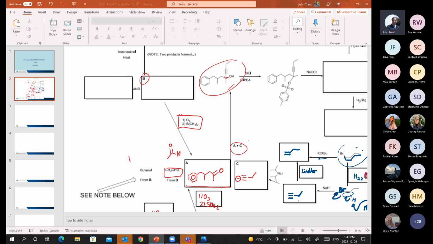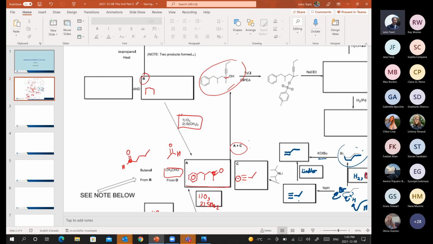And if we remember what butanol looks like, it's that. So what this seems to be suggesting is that you have an ozonolysis, and if you reverse the ozonolysis, you'll have this carbon attached to this carbon.